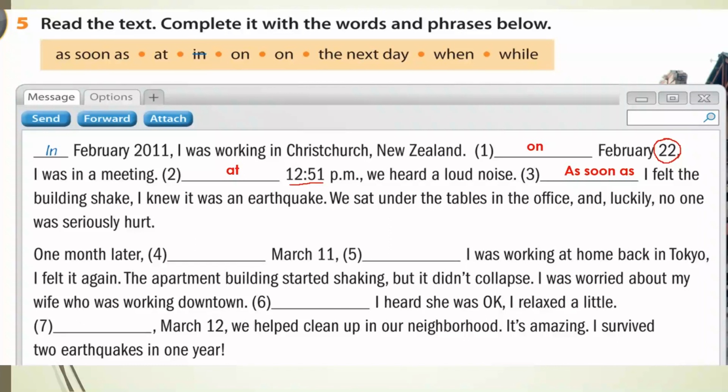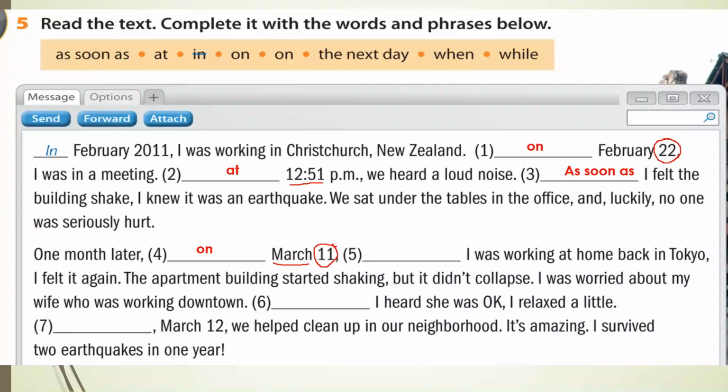We sat under the table in an office, and luckily no one was seriously hurt. One month later, on March 11. Again, I have a month, but I also have a day. When I have a day together with a month, my preposition is on. Sequence of events.